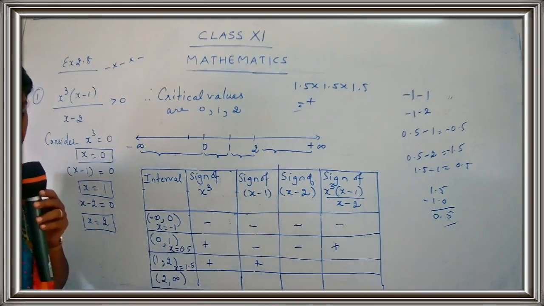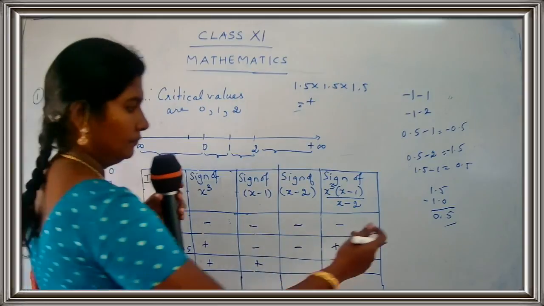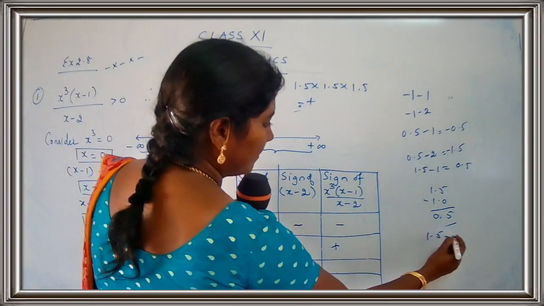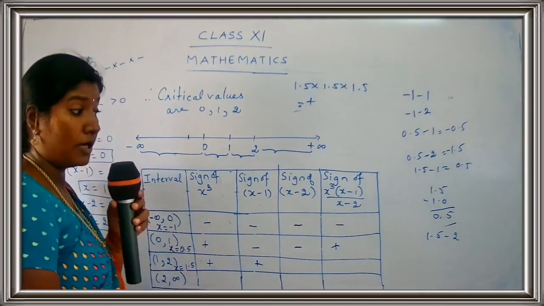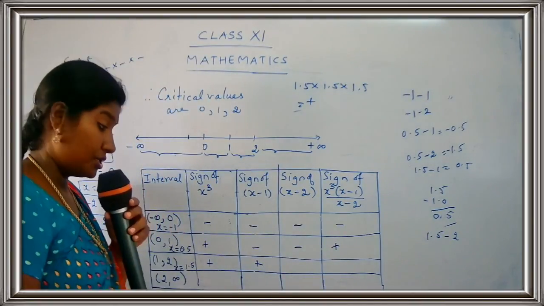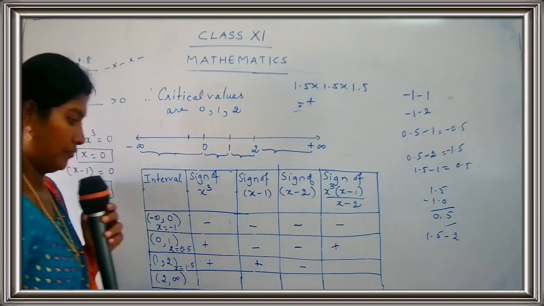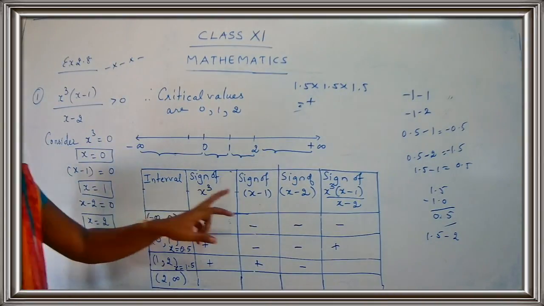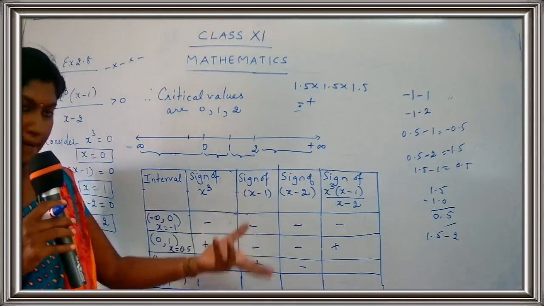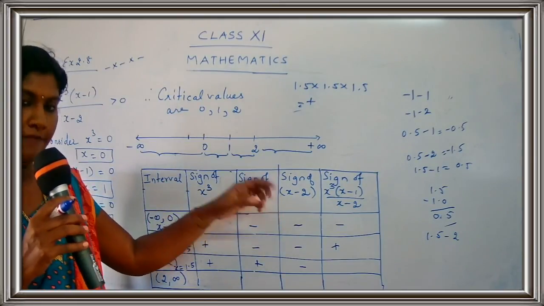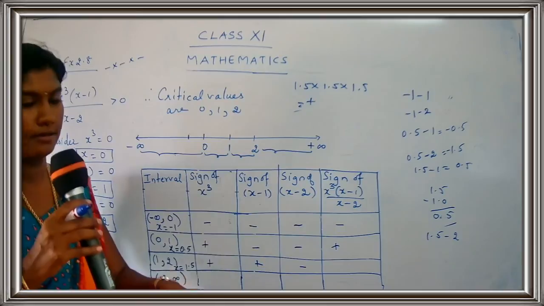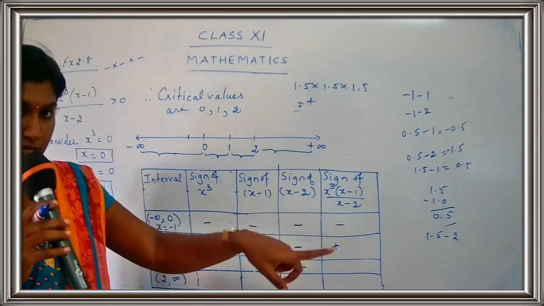1.5 minus 2. Be careful here. 1.5 minus 2. So small number minus big number. A smaller number minus a bigger number, so the sign will be minus. If you are taking the difference of a bigger number and a smaller number, like first the bigger number comes and then the smaller number comes, you will get a positive answer.